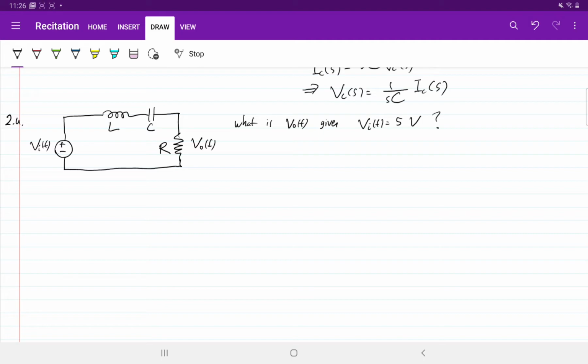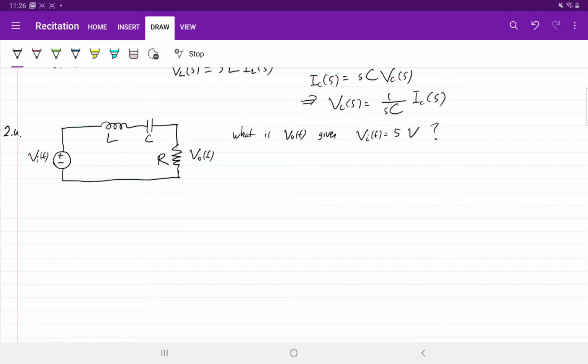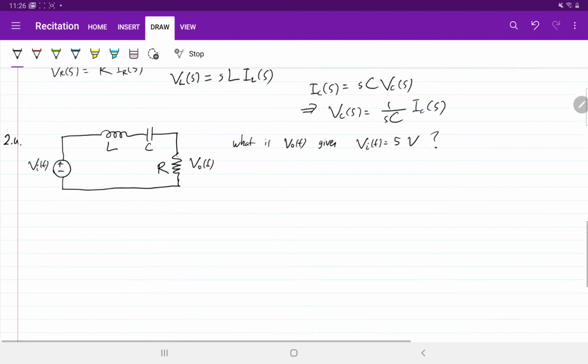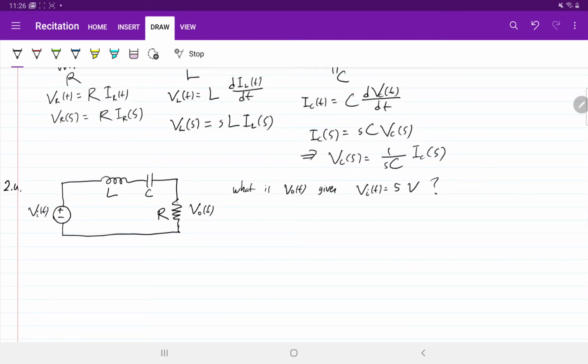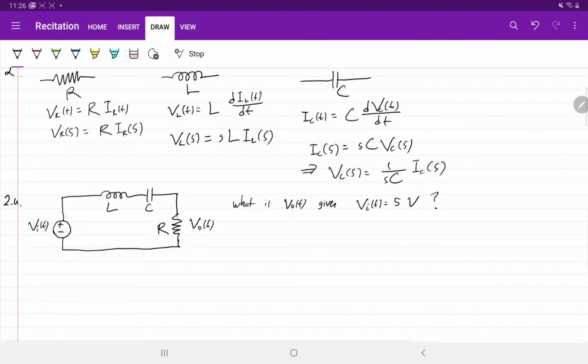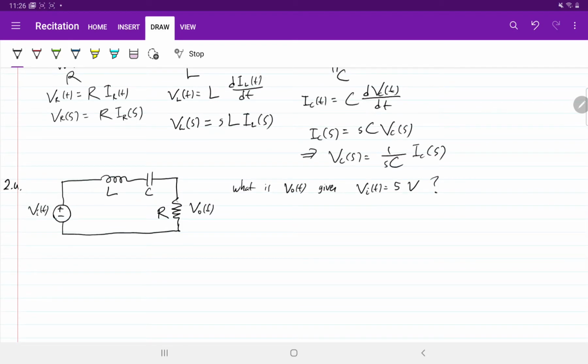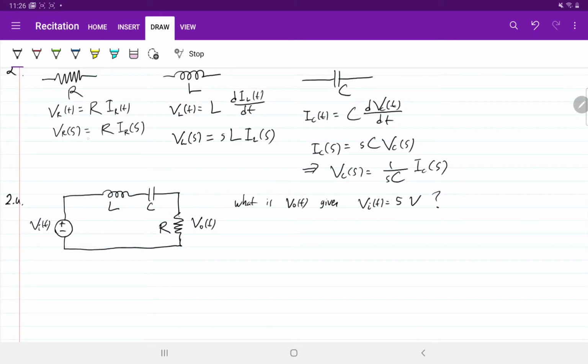Now, how to solve it? The first thing that comes to mind is that you can use KCL or KVL. But here, since we have derived these equations for RLC, we can use them. First, realize that from this equation, R is like a resistance: the voltage is equal to resistance times current.